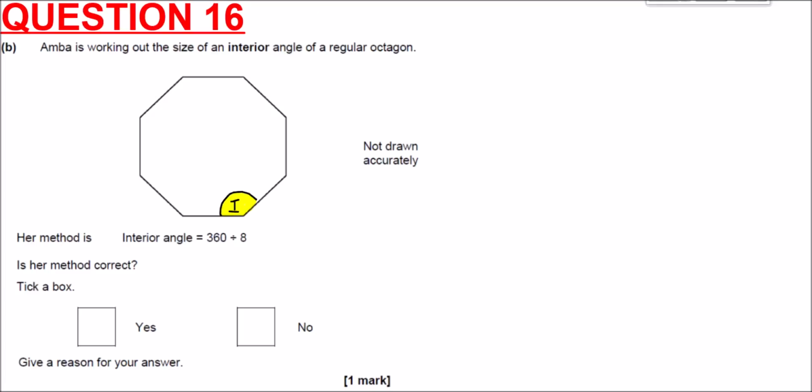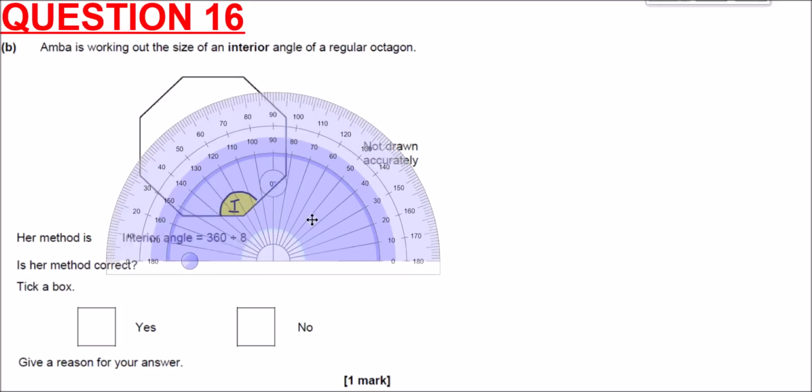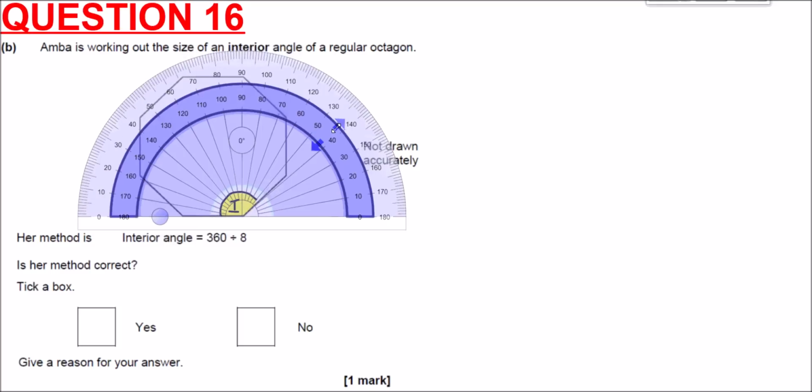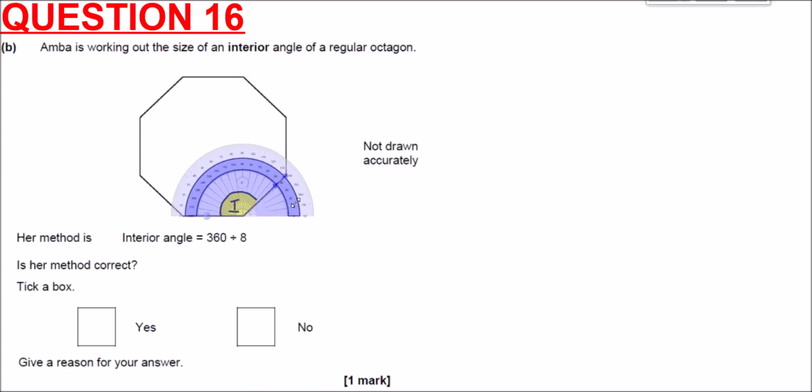So what I'd suggest doing, just to give yourself a clue, would be to measure the angle in any case. So if we just put a protractor over the angle and measure what it is. Start from 0 and count up 80, 90, 100, 110, 120, 130. This angle here seems to be in between 130 and 140.